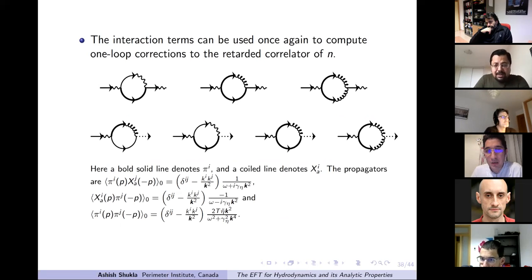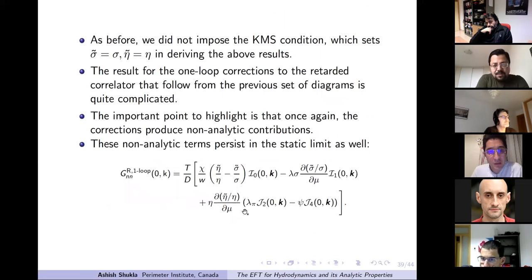In the results I showed here, for example, I did not include any cutoff dependent terms. This is just the cutoff independent contribution, and this is what we're talking about. But we used a UV cutoff when we were doing the integrals. Oh yeah. Thanks. Thank you.